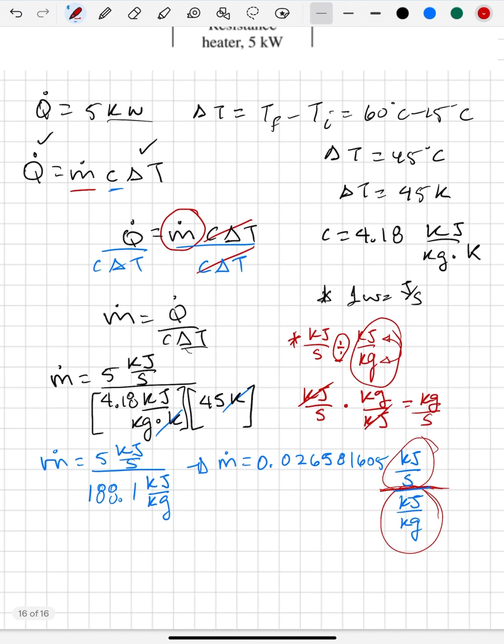So my entire answer is that the mass flow rate is equal to 0.027, let's just put it as that, kilograms per second, and that is the mass flow rate.